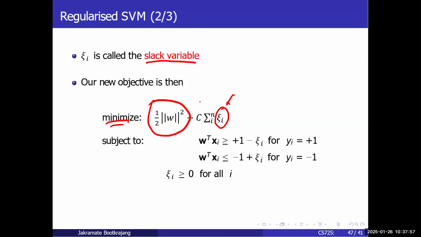And you notice that I introduced C. C is another parameter. This parameter is not something that you want to find, it's something that you define by yourself. So this C will control whether you pay attention to this term more or this term more.